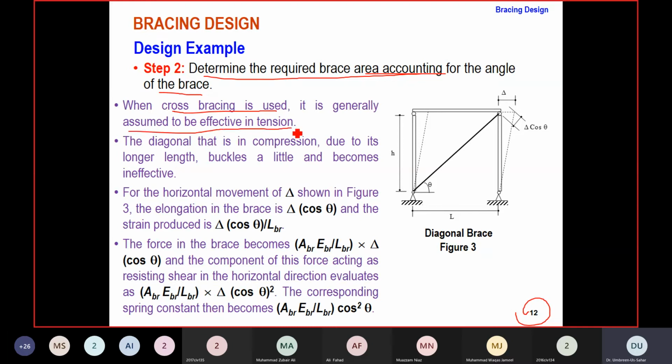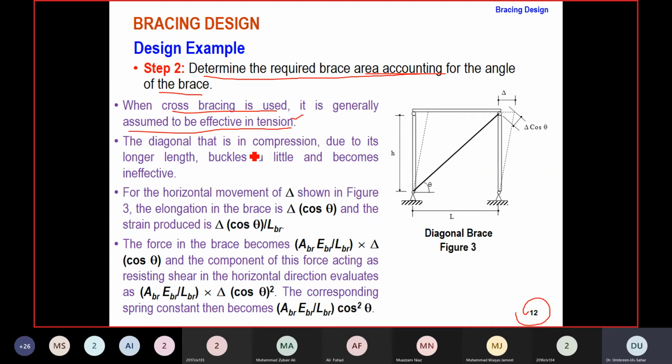When designing a roof truss or any truss, you discussed that the diagonal members also act as compression members. For reversal of cases, once those are in compression, they will be ineffective. When they are in tension, you have to design them very carefully. The same design you make for tension, you can provide in compression.